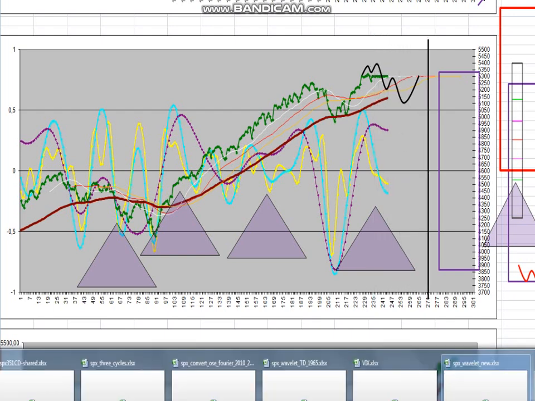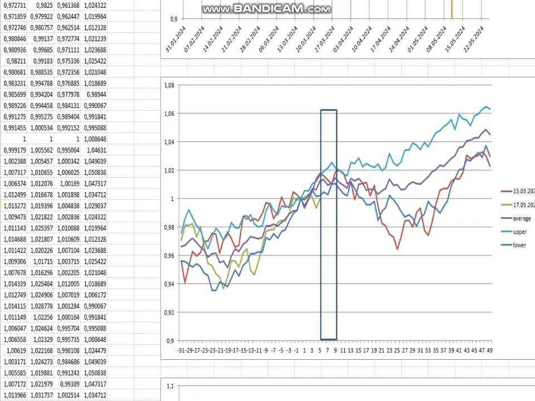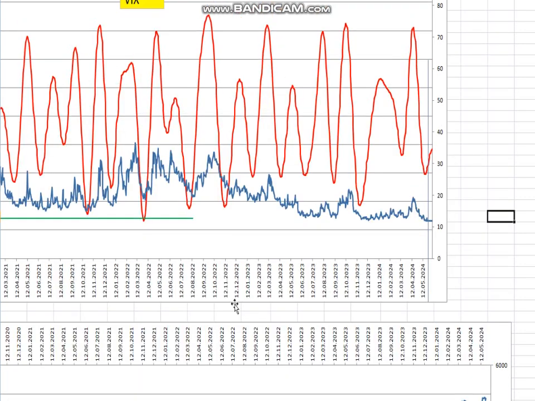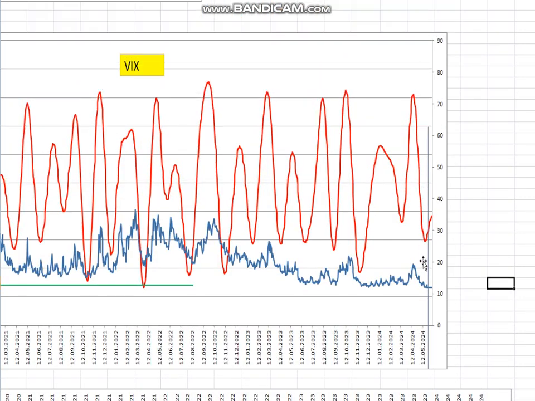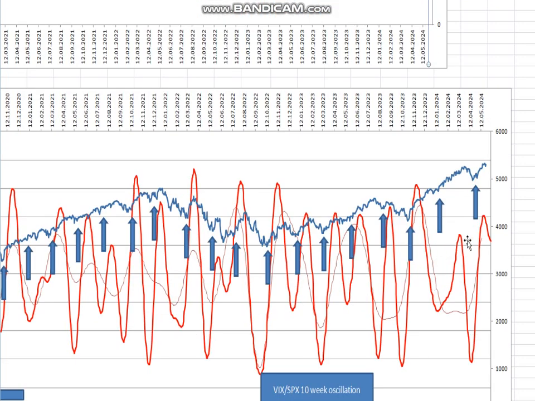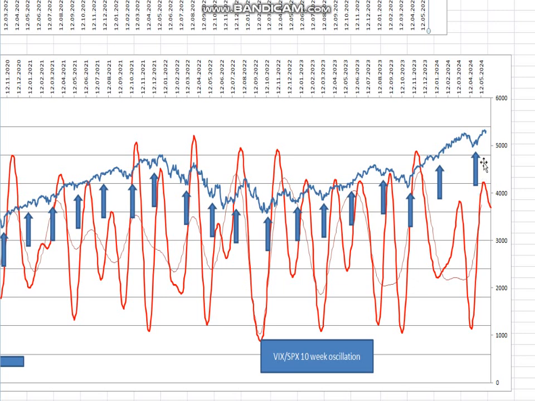And another helpful tool is the VIX and the corresponding 10-week oscillation in VIX. And the VIX wavelet is now suggesting, it's an early warning, that the VIX should start going up now, and the S&P is lagging, so the top in the S&P will typically be a little bit later.